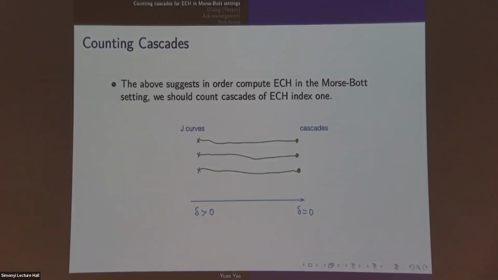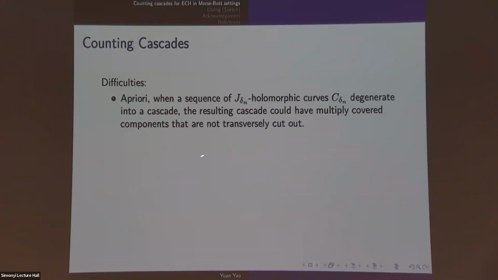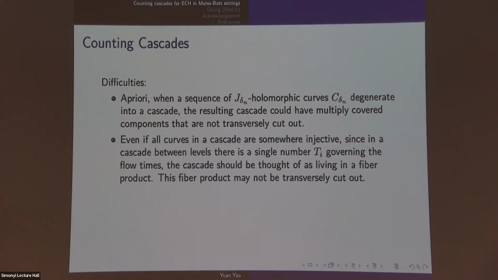And this picture doesn't always work, for the following reasons. There are the following difficulties. First of all, when you have a sequence of holomorphic curves degenerating into a cascade, it's kind of like an SFT type degeneration. So the levels can have multiple covers, and that ruins transversality for you. Problem number 2: let's pretend problem 1 doesn't happen, and all the curves are somewhere injective.